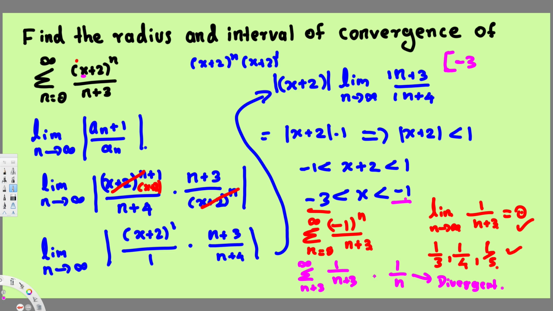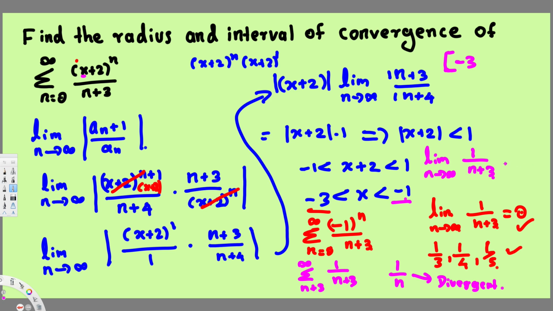The limit comparison test says that if you divide this one by this one, and you get a positive finite number, that means both of them behave in the same way. So let's go ahead and check whether we are getting a positive finite number. Limit as n approaches infinity, we have 1 over n plus 3, and we divide this by 1 over n.